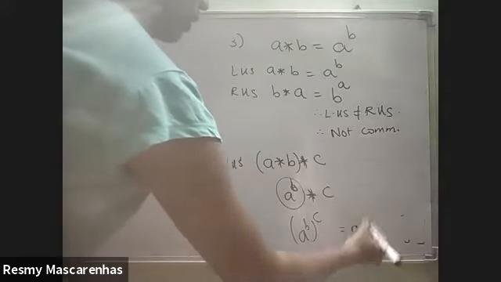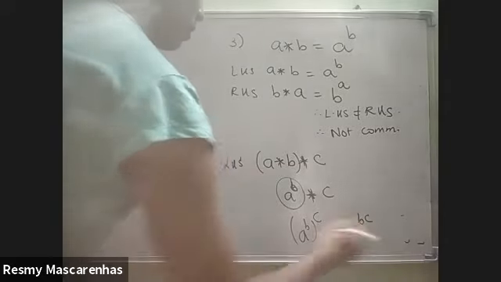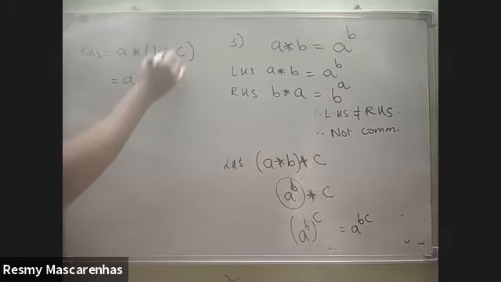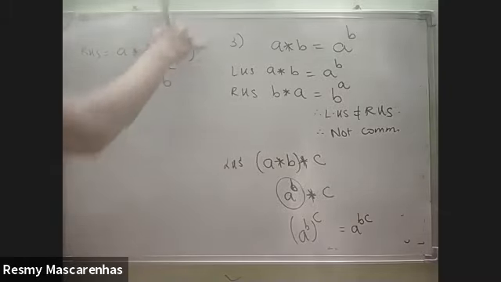This can also be written as A raised to, this will get multiplied. Right hand side. This will be B raised to C, first raised to second.